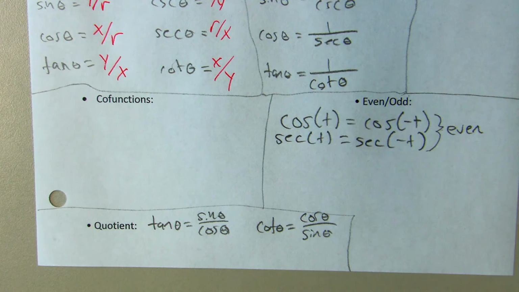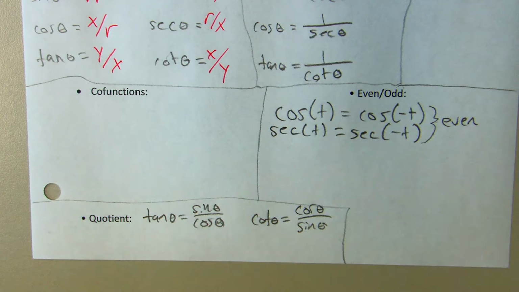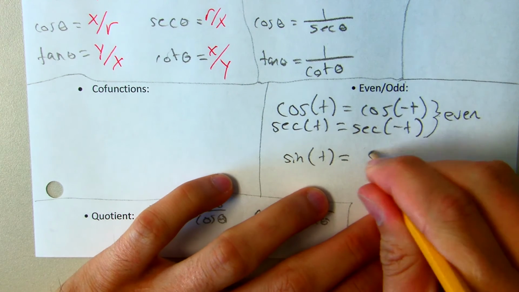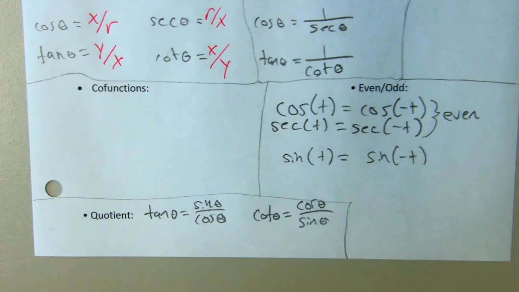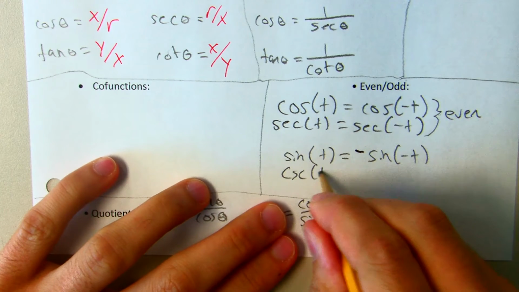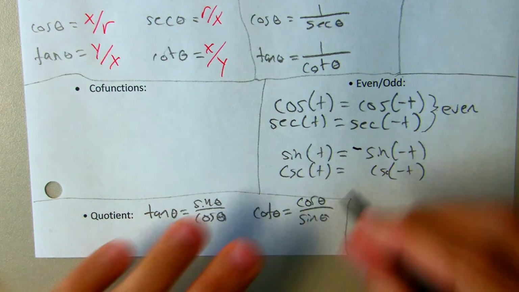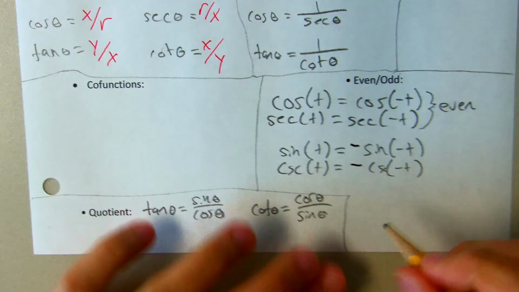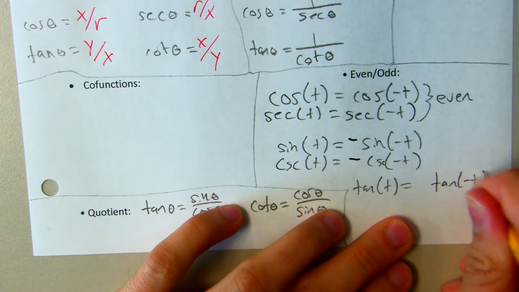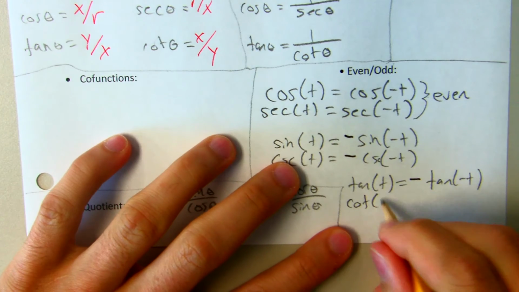So they have a similar pattern to them. And then I said the other four are odd. So if you know what it means to be odd, that's all you have to memorize. If you don't know what it means to be odd, then you've got one extra step. The sine of t is not equal to the sine of negative t. Only equal if you change the sign. Same with its reciprocal. Tangent is odd too, so plugging in the opposite angle gives you the opposite ratio, and also cotangent.